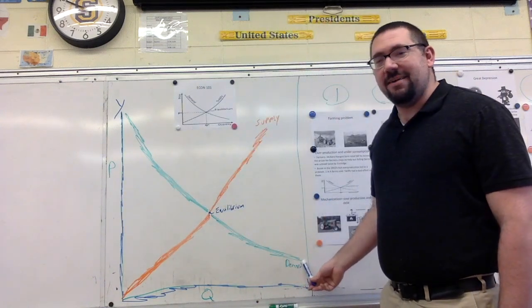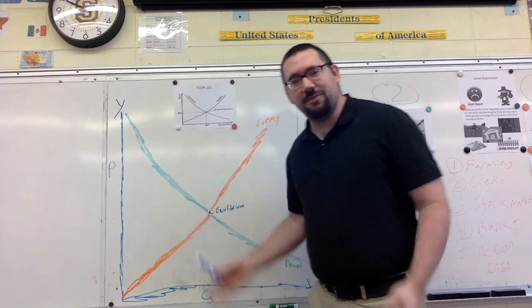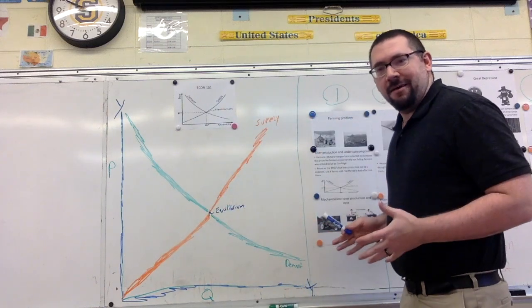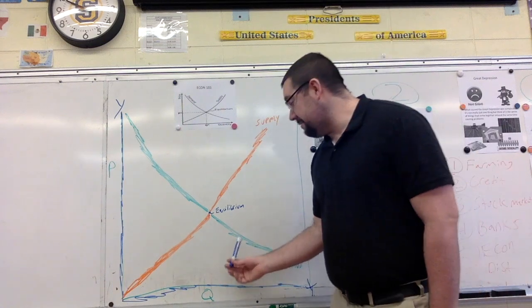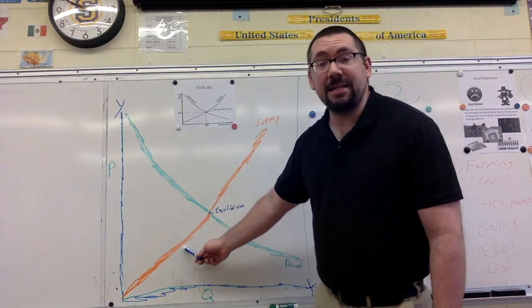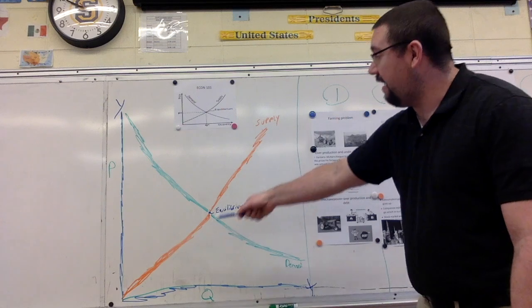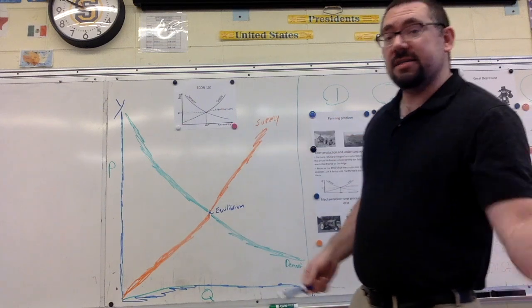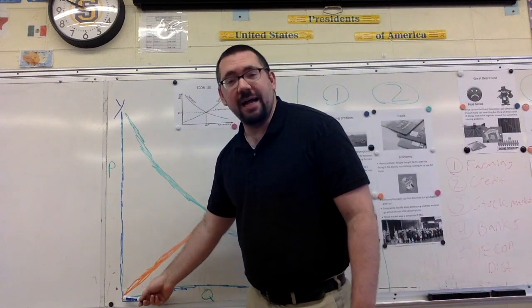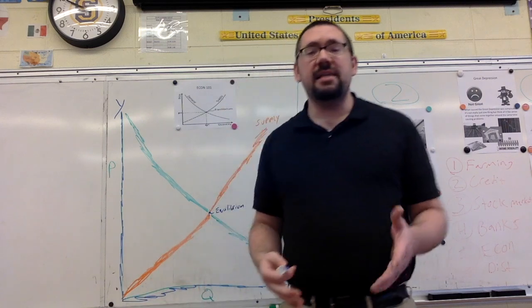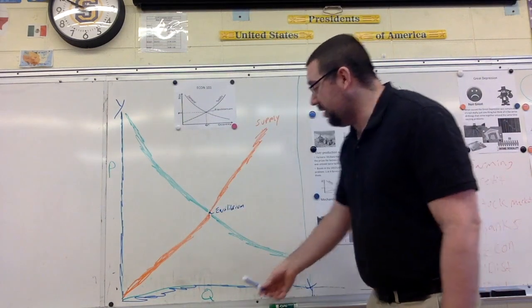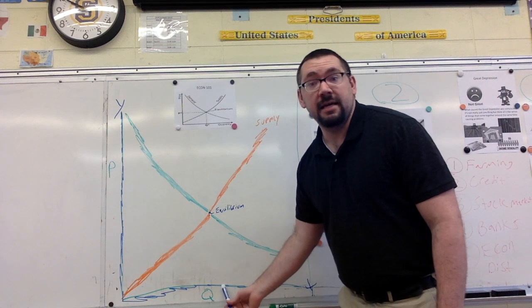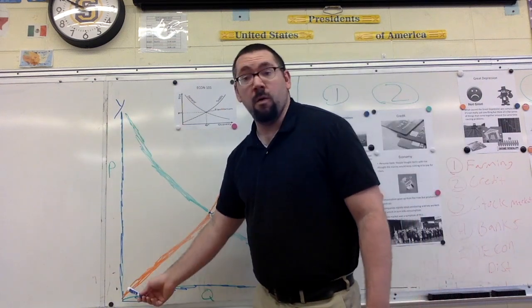Now you can see there are two lines to this wonderful graph, because it's not just about the people who want to buy it, the demand, it's about the supplier. That's the orange line starting down there and going up. The supplier does not want to make a bunch of something if the price is low.